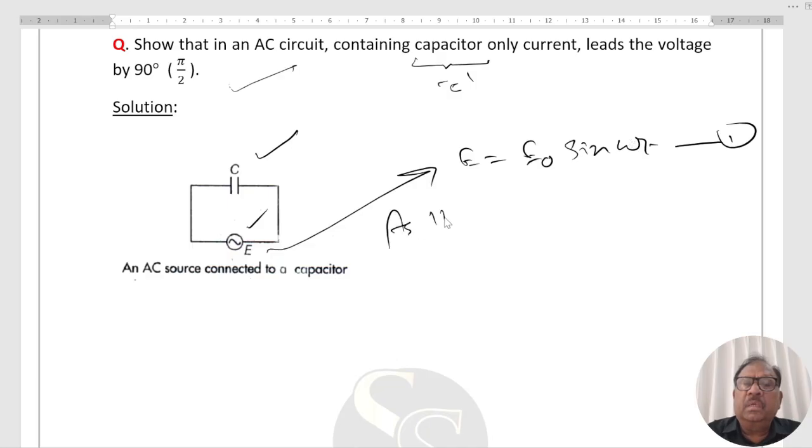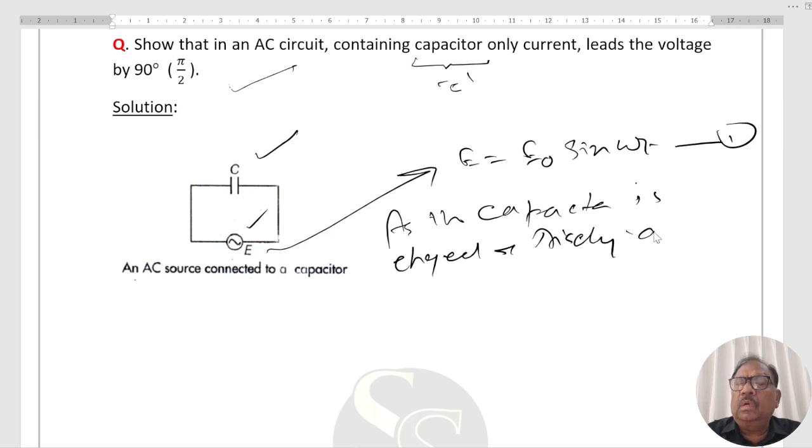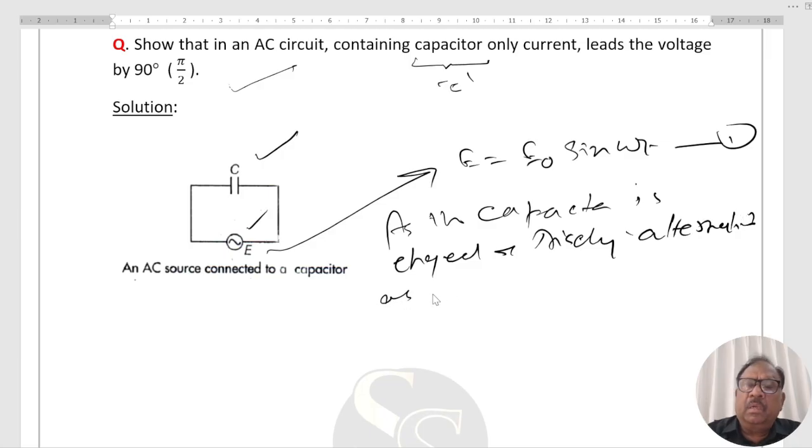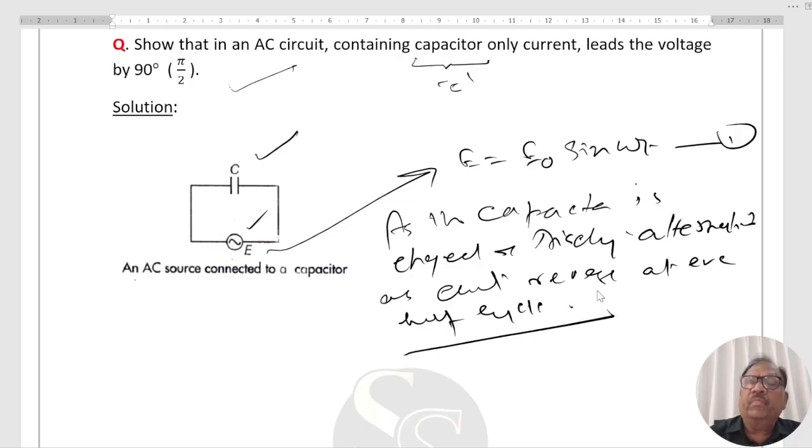As the capacitor is charged and discharged alternately, as current reverses at every half cycle, right?